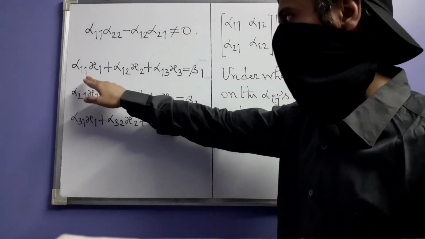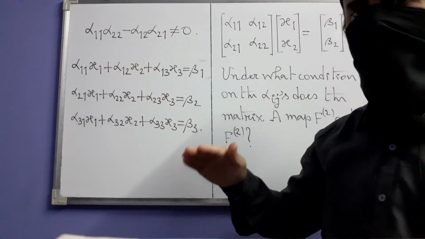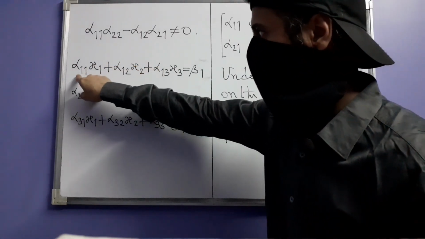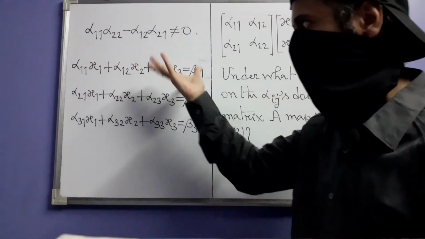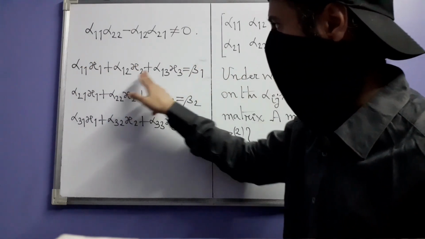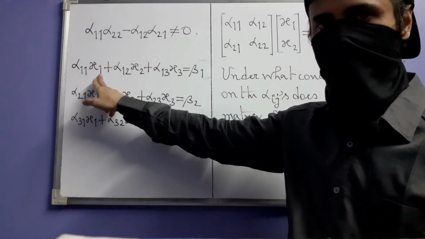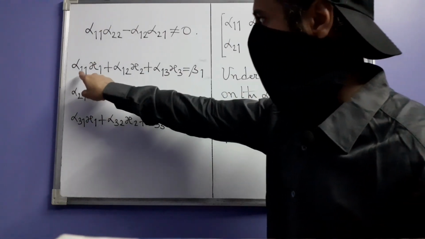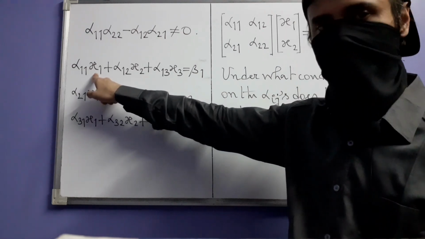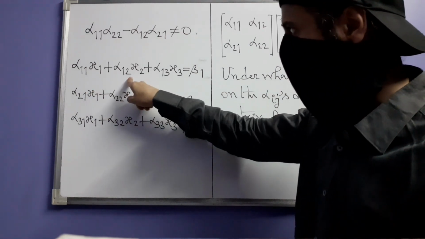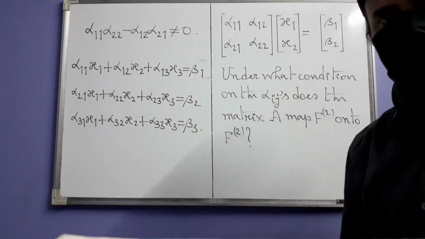The first suffix of your alphas denotes the equation in which that is the coefficient. And here in the first equation all the first suffixes are 1 because it's in the first equation. 1, 1, 1. And the second suffix denotes the variable of which this is the coefficient. 1, 1 because it's the coefficient of x1. Variable means unknown. 1, 2 because this is the coefficient of x2. Like that the other alphas have also been indexed.